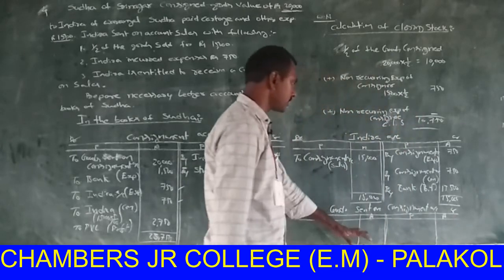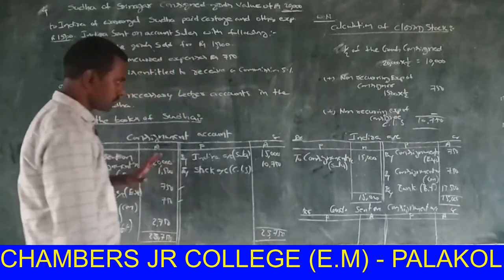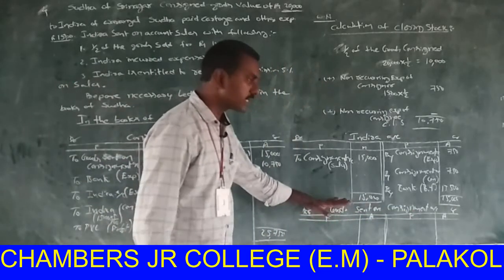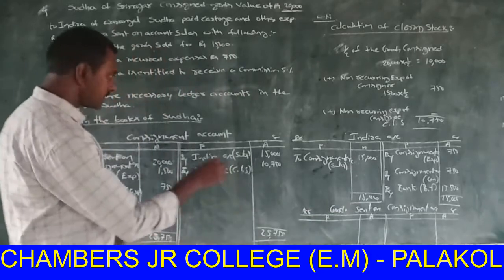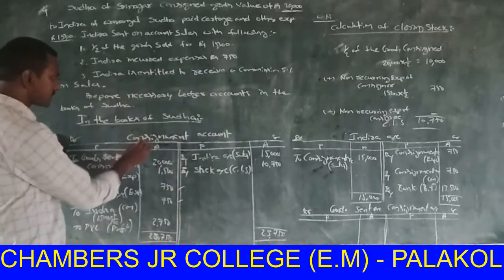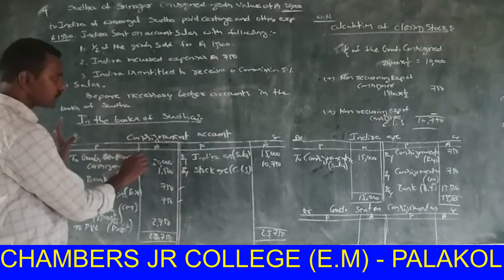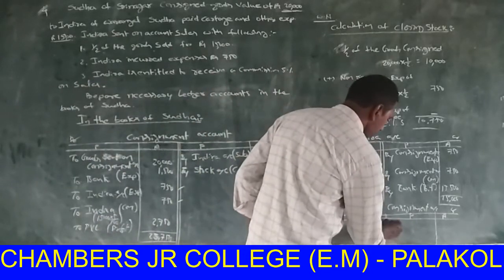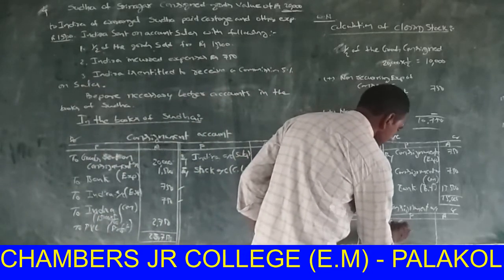It is also easy to prepare with the help of the consignment account. Goods sent on consignment appears on the debit side of the consignment account. So it is transferred to the credit side of goods sent on consignment account, by consignment account.